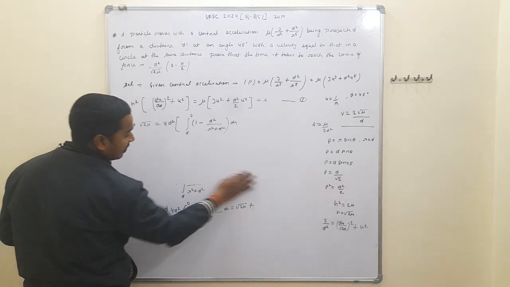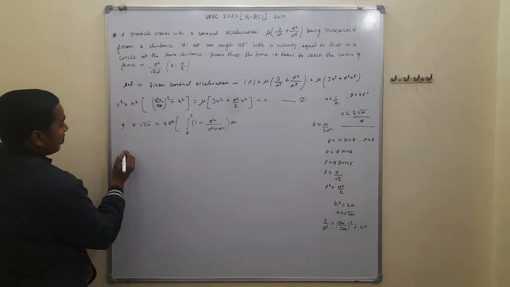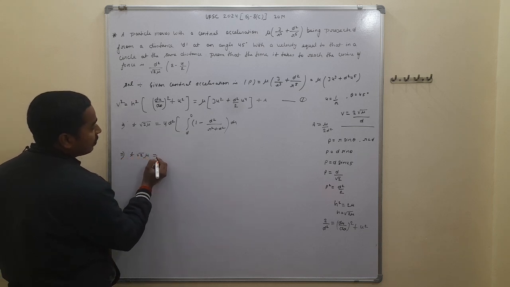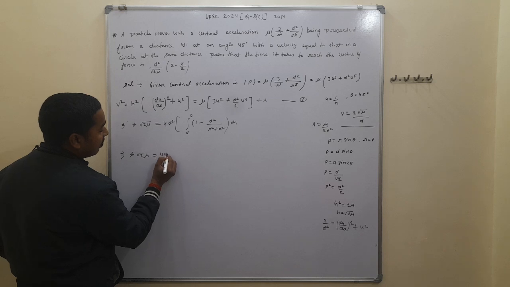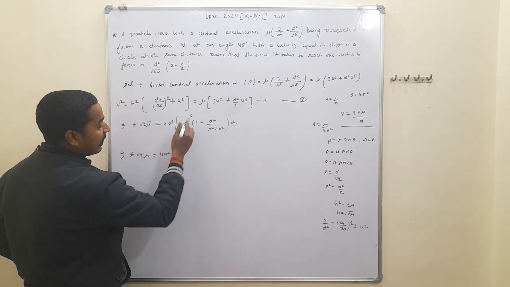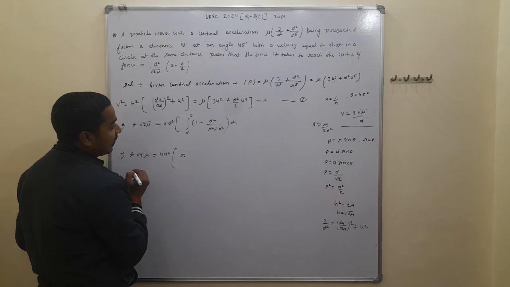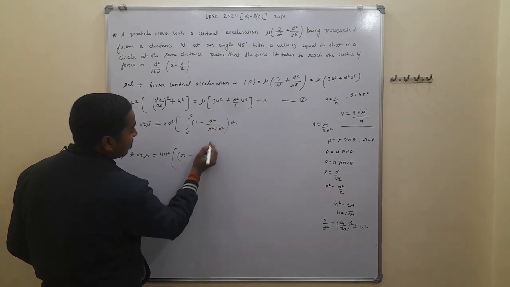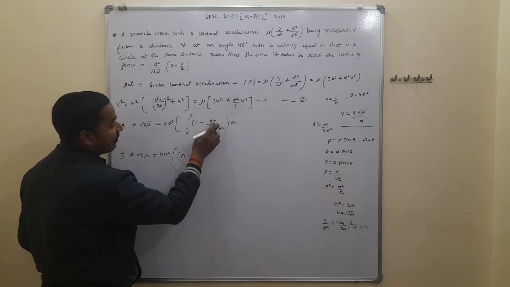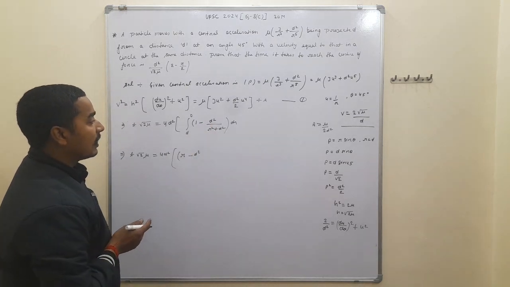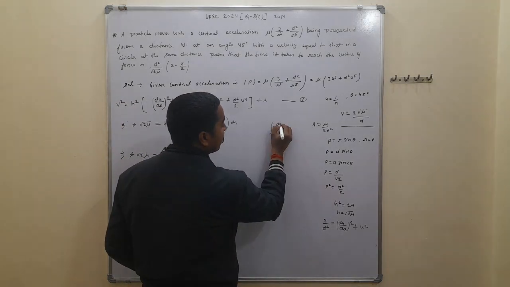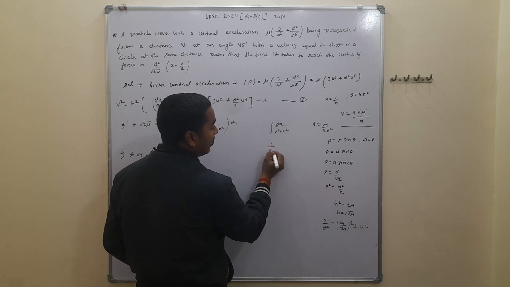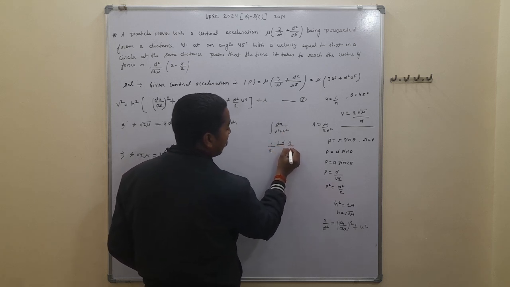On further integration, t root 2 mu is equal to 4d square common out, and on integration of dr is r, and minus of d square taking common once again, and from here 1 upon r square upon d square is given by, we know that the integration dx upon a square plus x square is given by 1 upon a tan inverse of x by a.